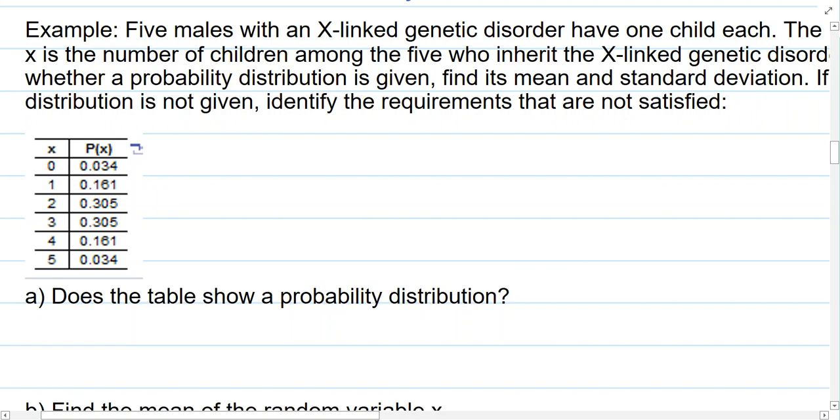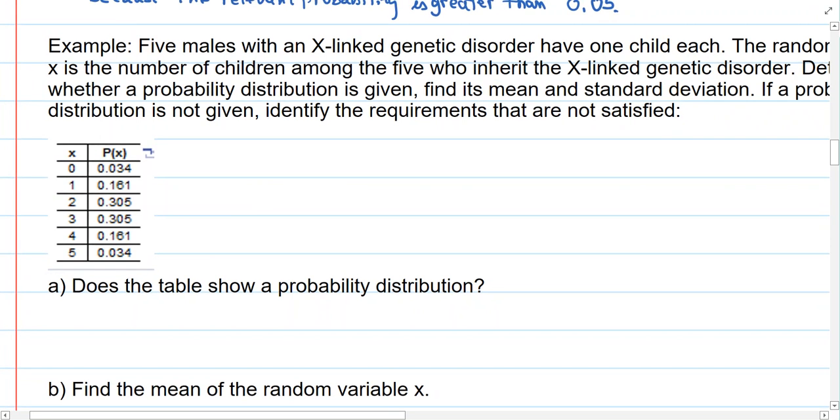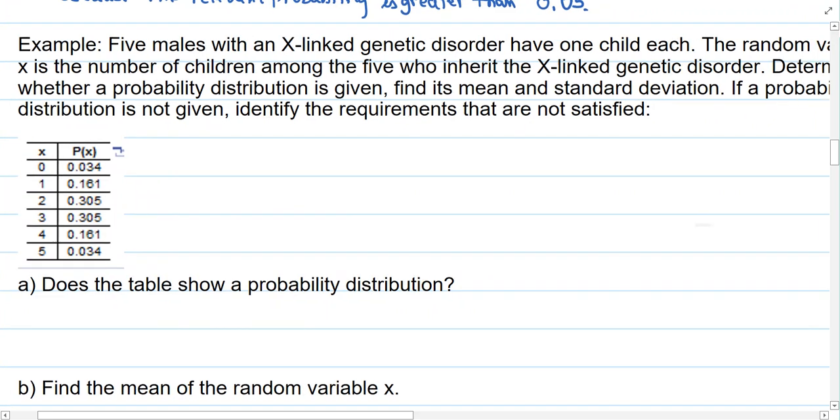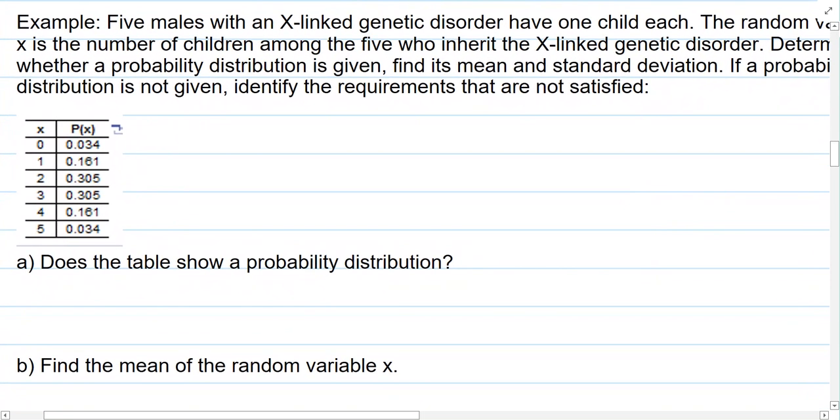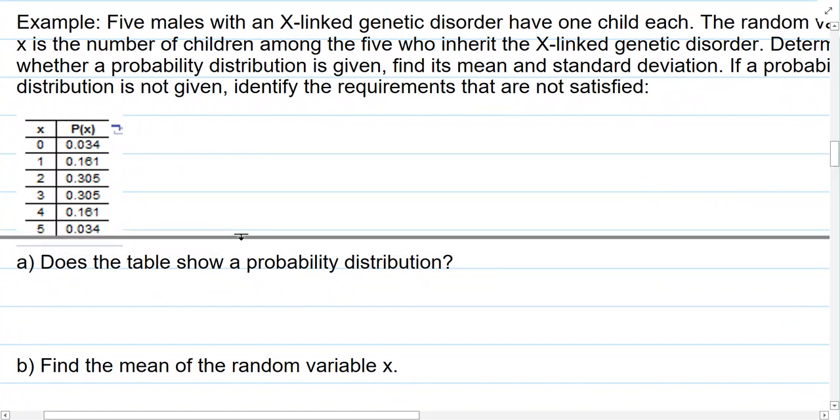If a probability distribution is given, find its mean and standard deviation. If it is not given, identify the requirements that are not satisfied.